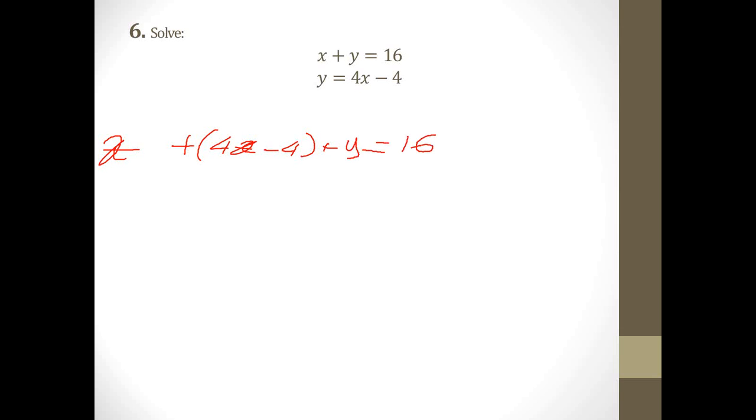Okay, first thing I'm going to do is, well, I really didn't need to use parentheses at this point because it's a plus sign, so I'm just going to go ahead and get rid of those parentheses, and I'll have x plus 4x minus 4 plus y equals 16. My next step is going to be to collect like terms. I have an imaginary 1 here. 1x plus 4x's give me 5x. I'm going to bring everything else down.